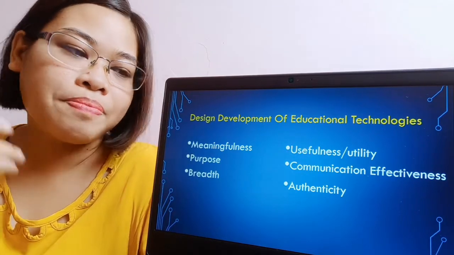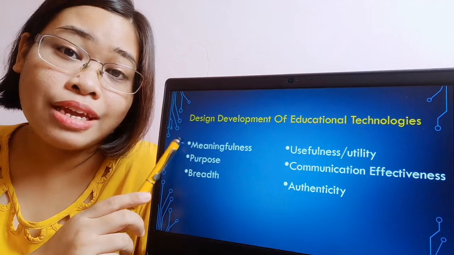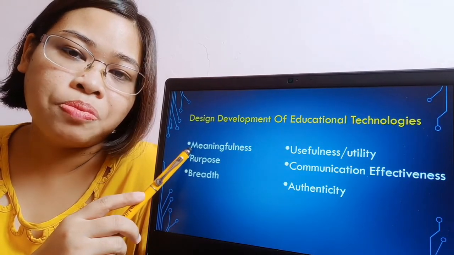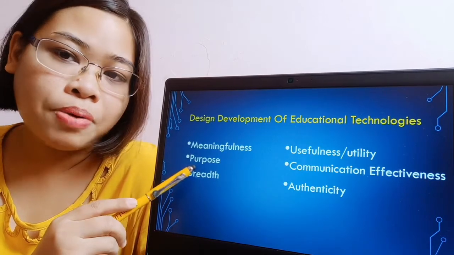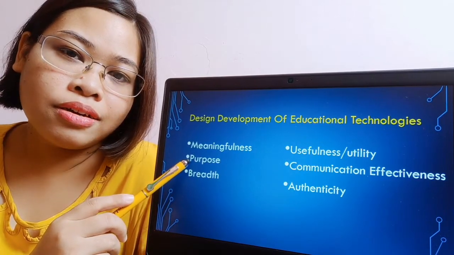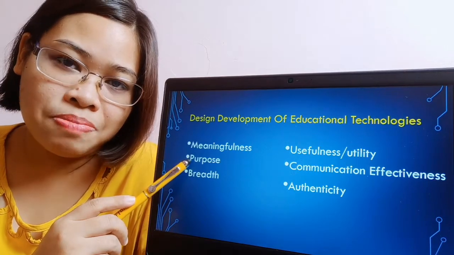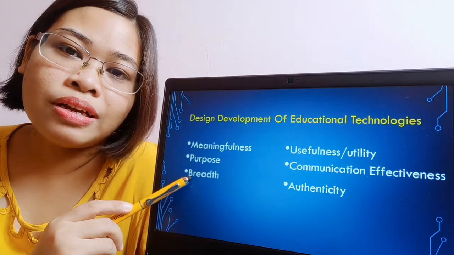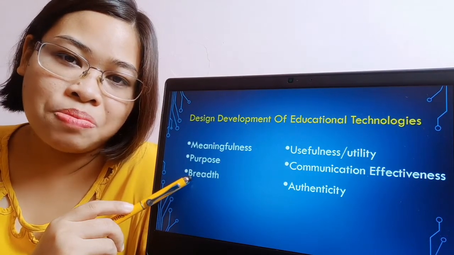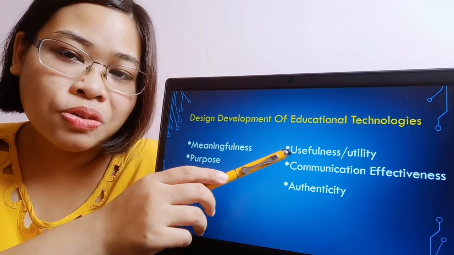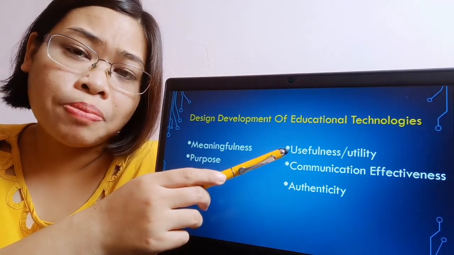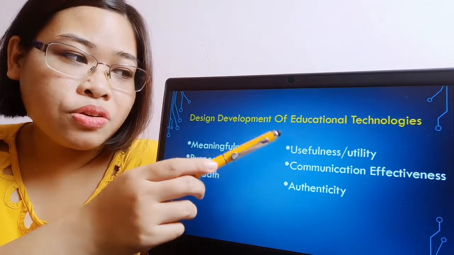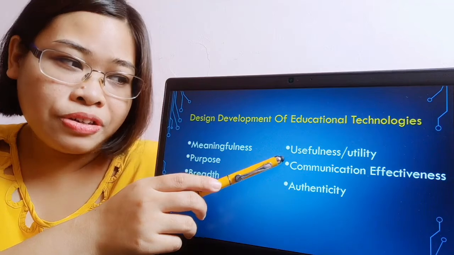These are the things that we need to consider when we are designing and developing educational technologies. First, they should be meaningful. They should contain purposive activities to help improve and develop growth of the learners. For the purpose, they should focus on helping the students to be motivated in the learning process. For the breadth, they should encompass all-round development of varying groups of learners. For the usefulness or utility, they should be useful to a particular teacher as he or she works with a particular group of learners.